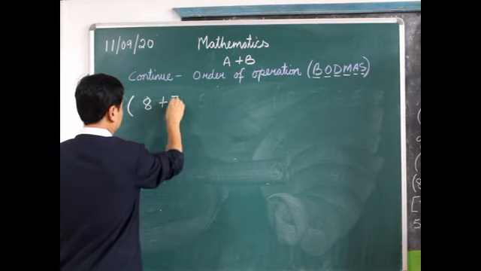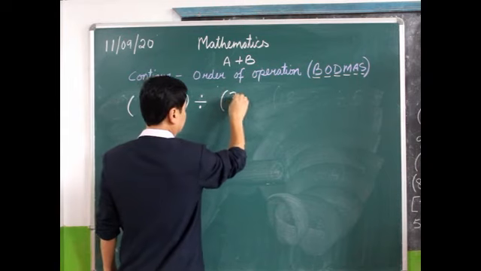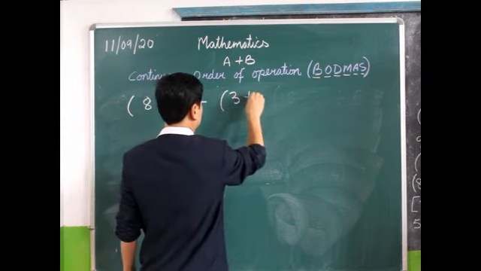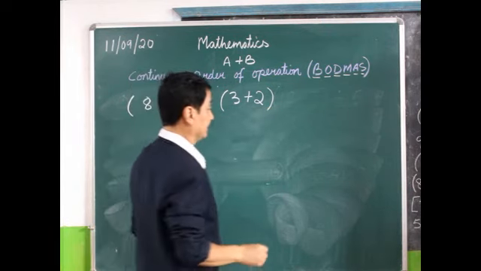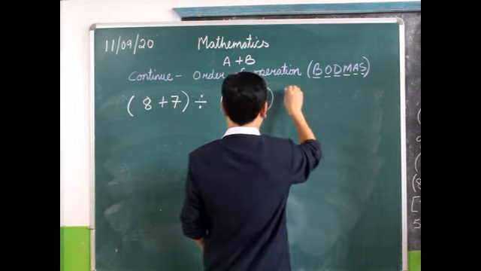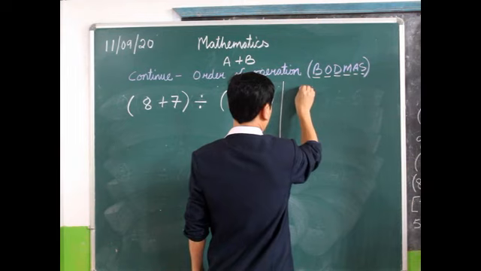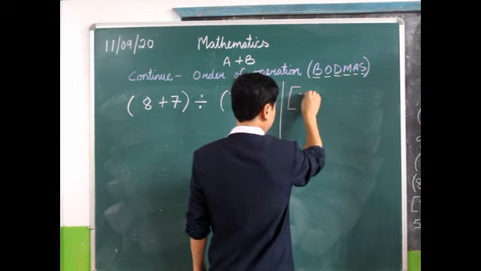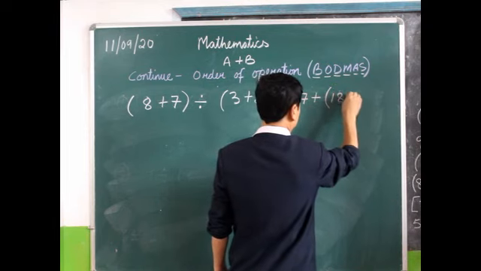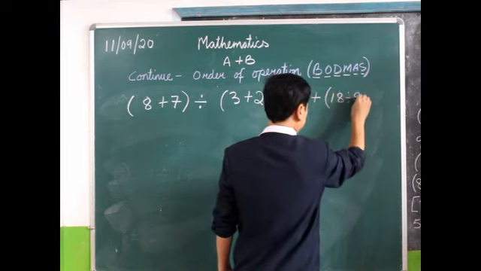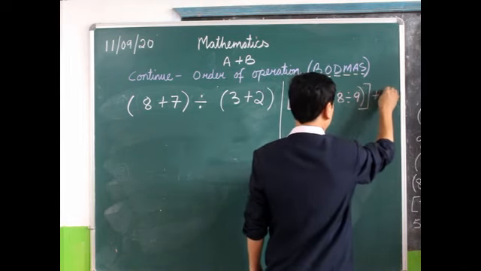8 plus 7 divided by 3 plus 2. Okay, next one, let's write with a different chalk. Bracket 7 plus bracket 80 divided by 9 bracket box bracket plus 3.